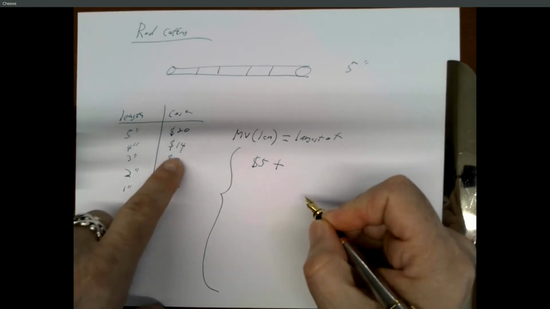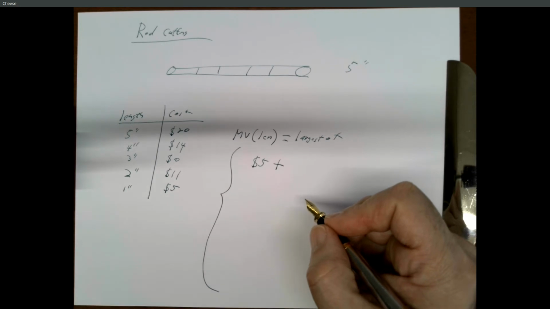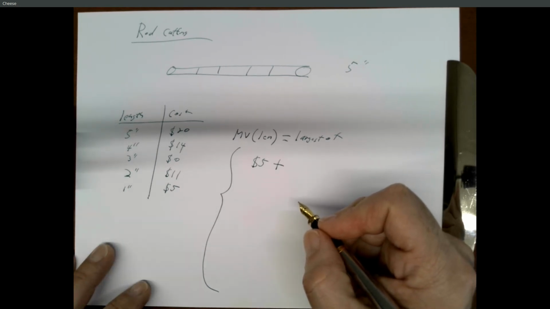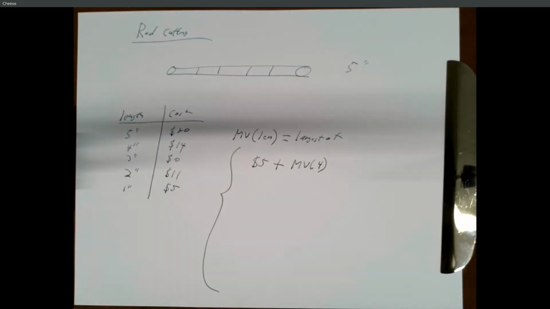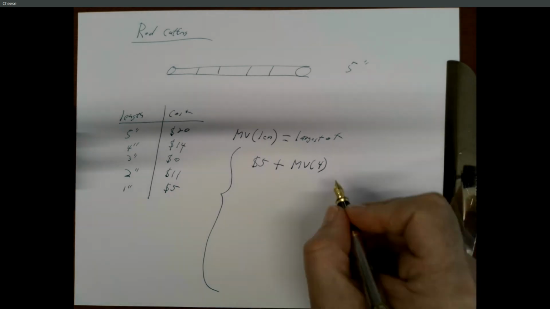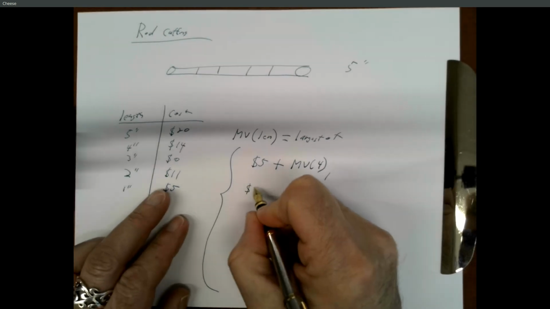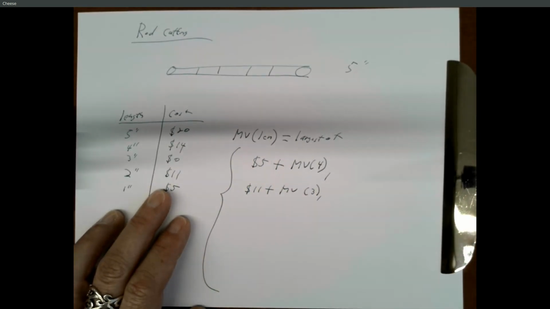And I don't know if I should sell that as a 4-inch or as 2 inches or 4 1-inches or what. But whatever the best is that I can do in selling a piece of 4-inch metal is given by max val of 4. Or I could start off with a 2-inch cut, which would get me $11 plus max val of the 3 inches that are left.